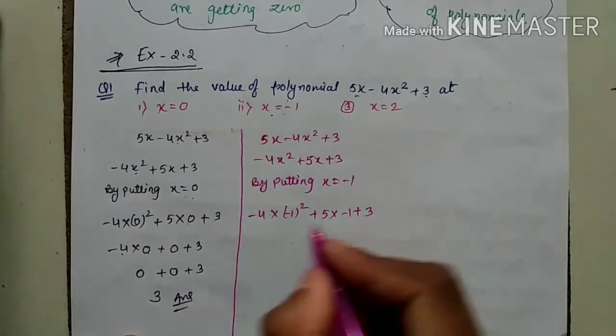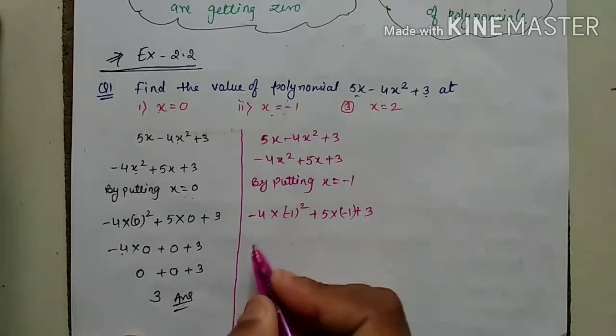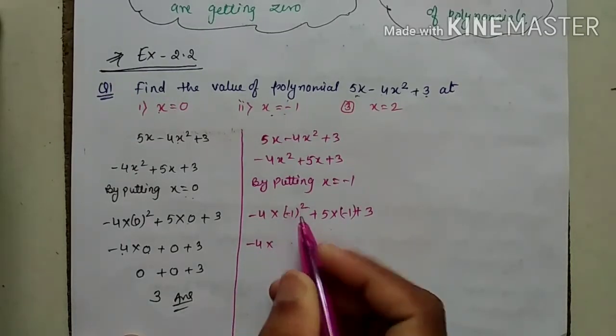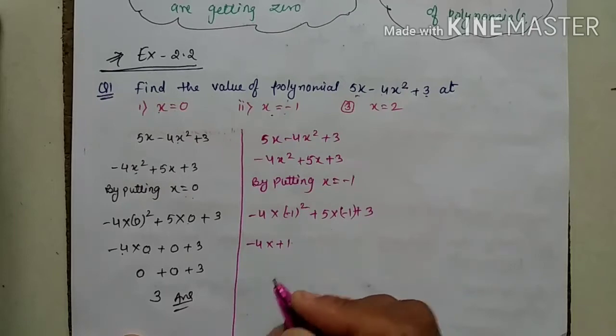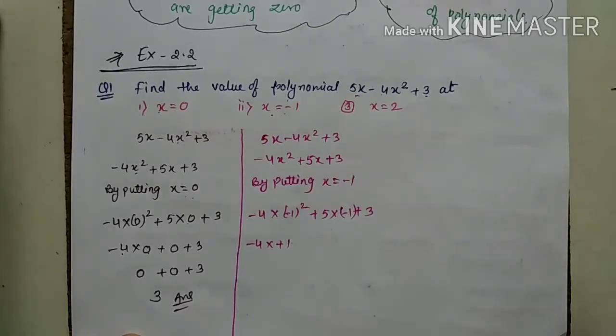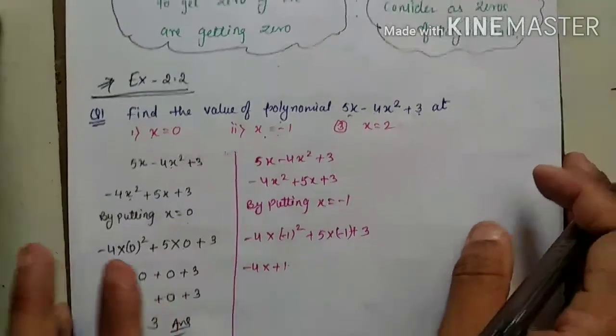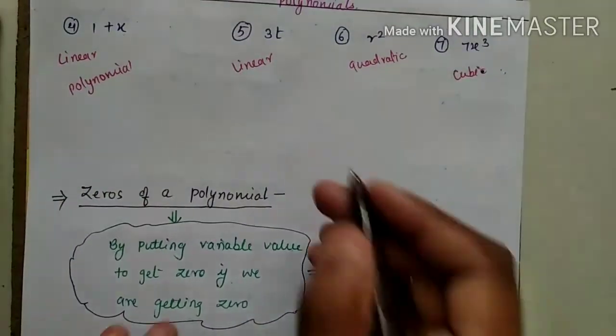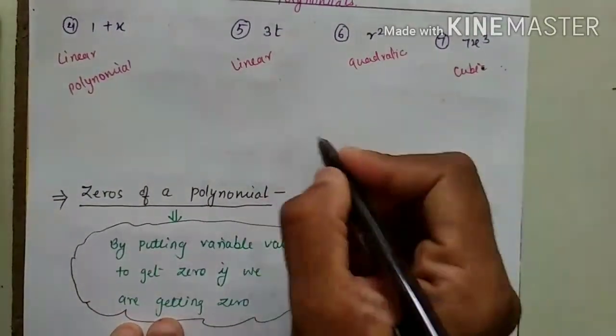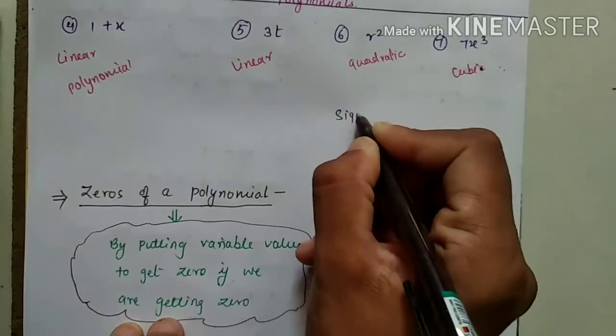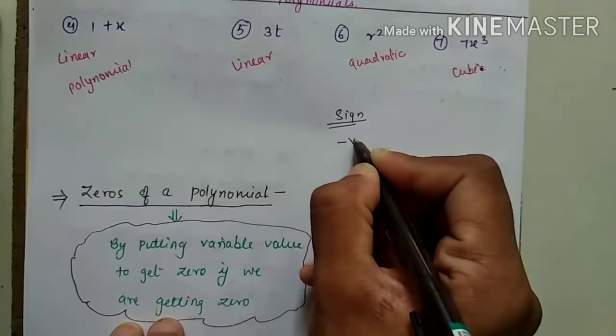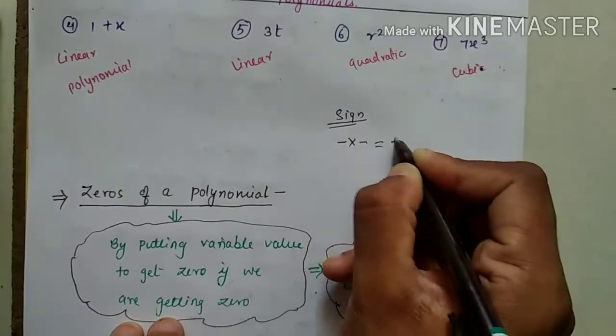You can write it like this. Minus 4 as it is. Minus square is plus. 1 square is 1. I think you know this format of signs; I am giving you the signs format here. If minus is multiplied by minus, what will be the answer?